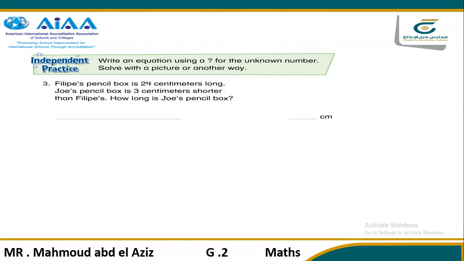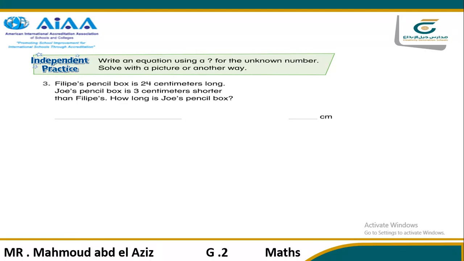So now with our first question, Philip's pencil box is 24 centimeters long. Joe's pencil box is 3 centimeters shorter than Philip's. The question here is how long is Joe's pencil box? So you should ask yourself a question.